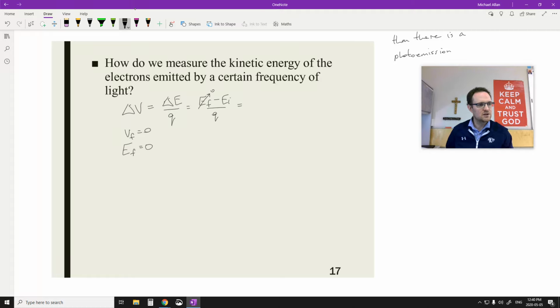So this is just going to be my initial over Q. I'm going to ignore the negative because remember, if I lose my potential, I increase my kinetic, or if I lose my kinetic, I increase my potential. So it really doesn't matter which one we're doing. I'm just worried about speed anyway, so it doesn't really matter about the sign.